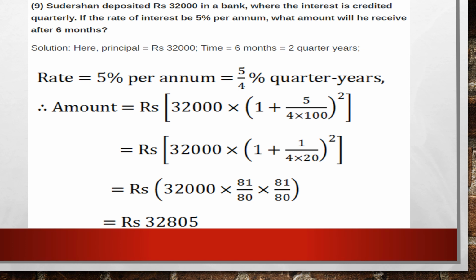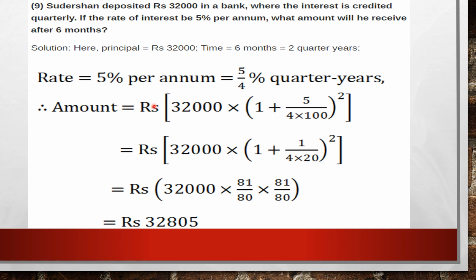Sudarshan deposited 32,000 in a bank where the interest is credited quarterly. If the interest is 5% per annum, what amount will he receive after 6 months? Principal amount is 32,000, time is 6 months, that is 2 quarter years. Since the interest is credited quarterly, 6 months means 2 quarters. Rate is 5% per annum, so for quarterly it is 5 by 4 percent.